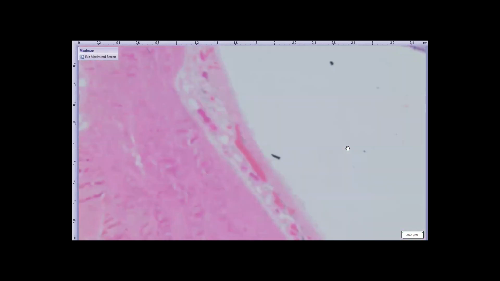What you do is you use the low objective with a substage condenser in, and then put the slide on the illumination area. That's a trick I learned from another veterinary pathologist.